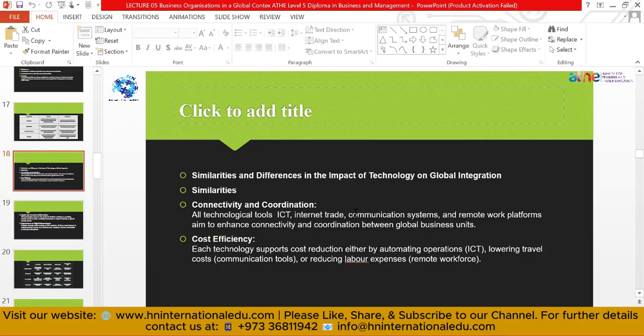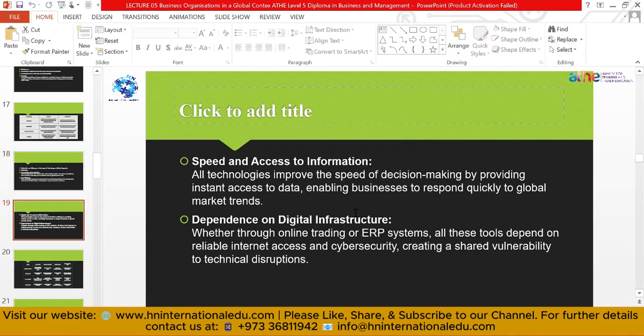Then we can jump to our neighboring country, that is our second branch, which is in KSA. We can definitely work on it. So for the smooth operation, it is really mandatory to have strong connectivity and coordination among the departments and the organization.